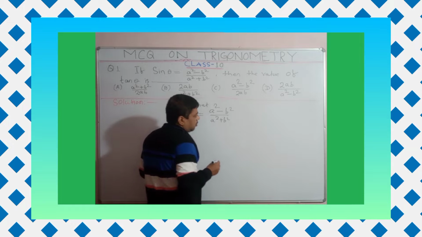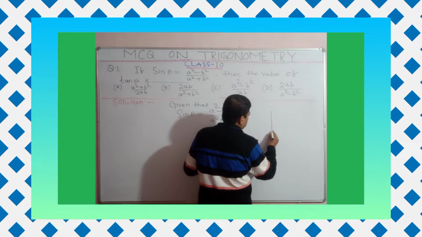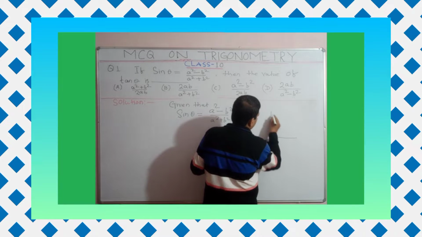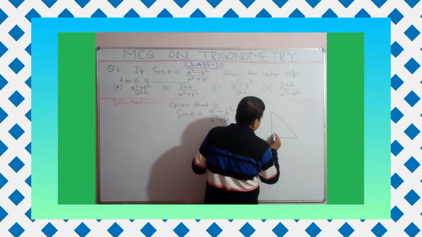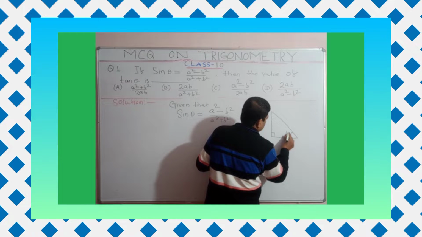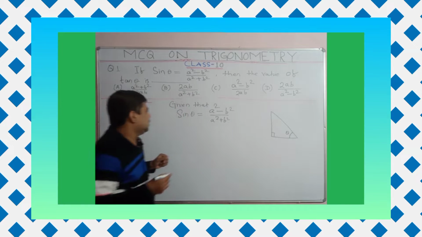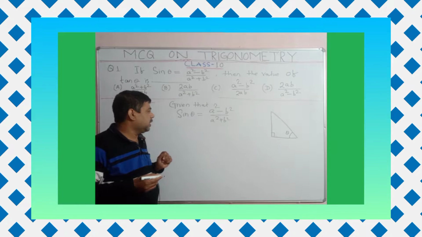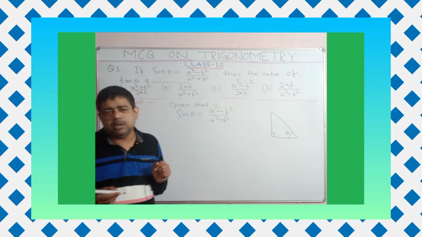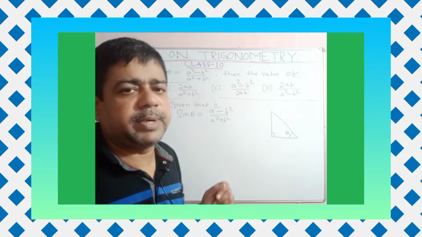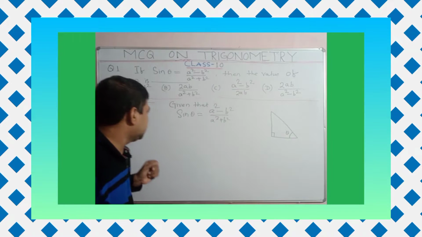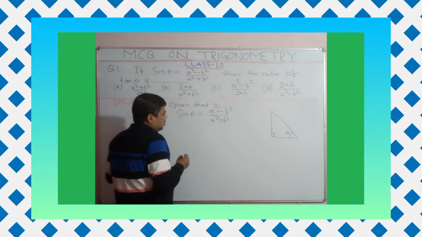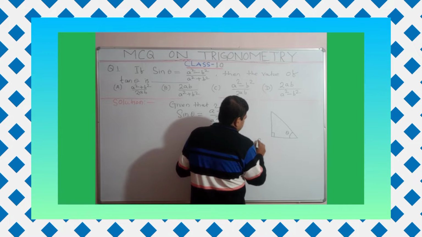And according to the formula of trigonometric ratio, suppose this is a right angle triangle and this is theta. Sine theta is equal to (a square minus b square) by (a square plus b square). That is given. According to the formula of the trigonometric ratio, all of you know sine theta is equal to how much?